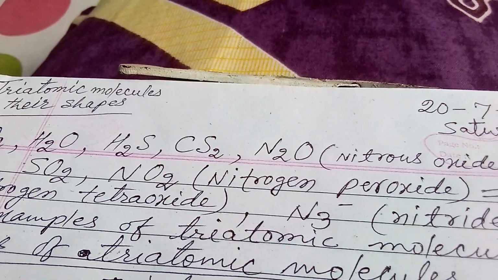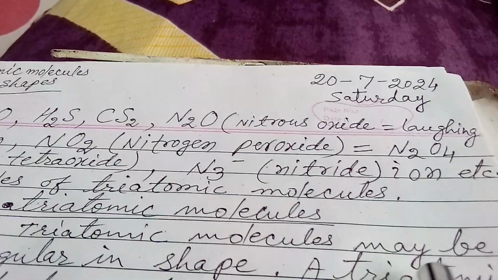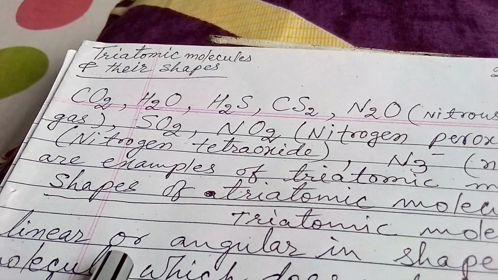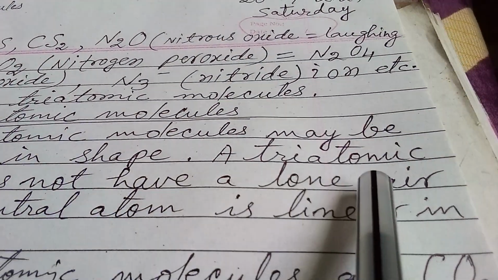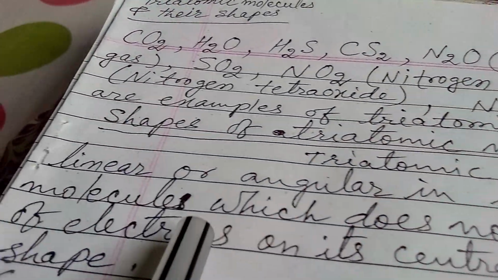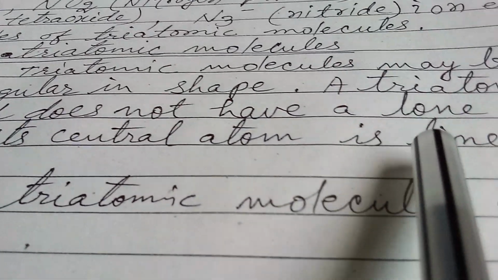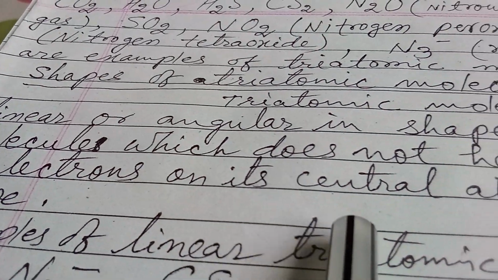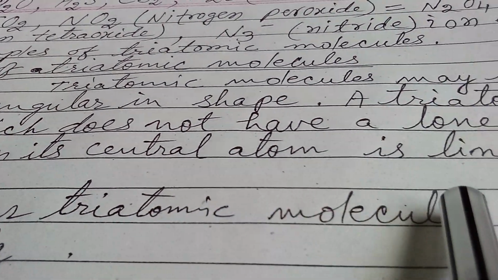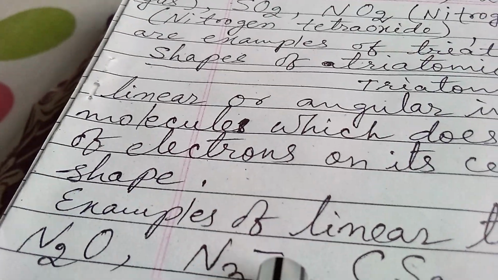Now, the shape of triatomic molecules. Triatomic molecules may be linear or angular in shape. A triatomic molecule which does not have a lone pair of electrons on its central atom is linear in shape.